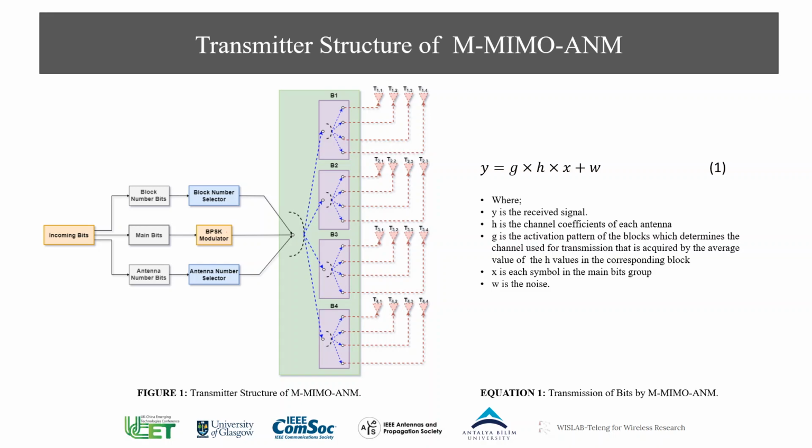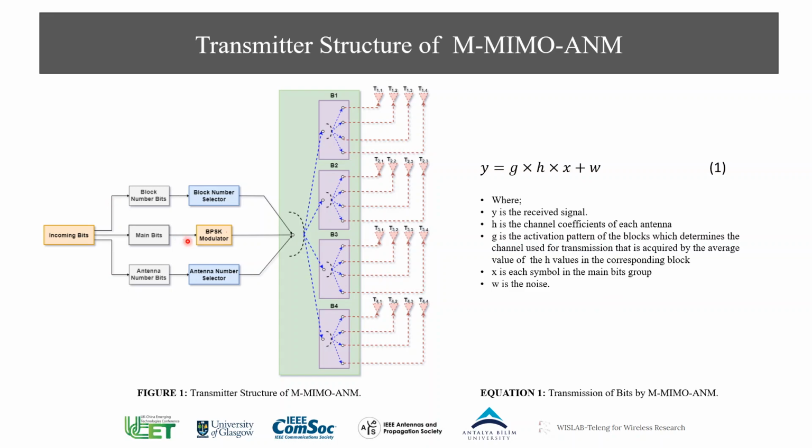In figure 1 you see the transmitter structure of the multiple MIMO-ANM scheme. Let me explain what's going on here. Consider that we have an incoming bit stream. What we want to do is to separate these bits into 3 different groups and name them block number bits, main bits, and antenna number bits.